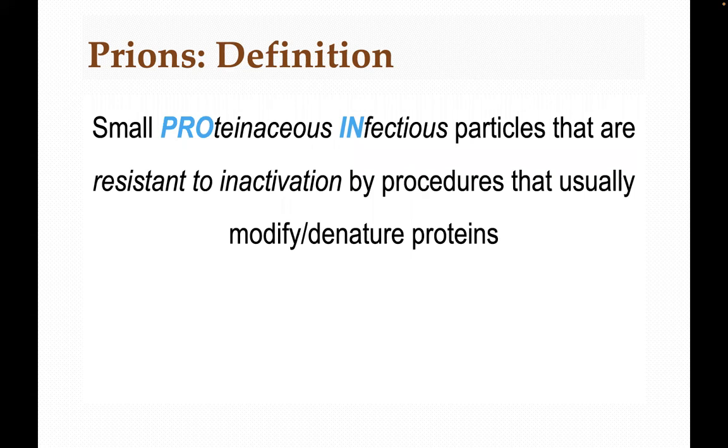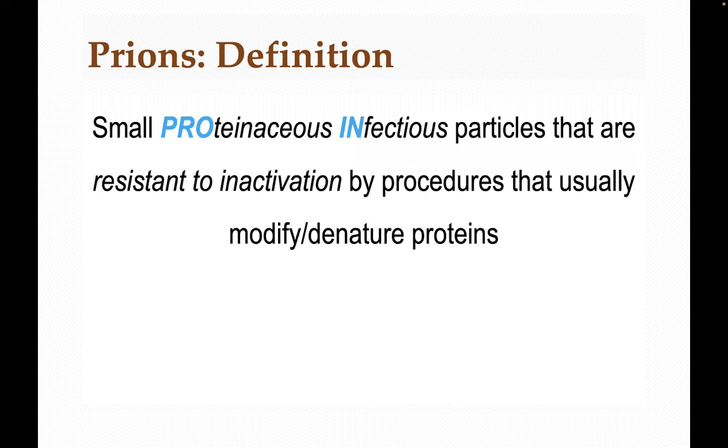And they cannot be inactivated by procedures that we usually use to inactivate viruses, such as ultraviolet radiation, heat or boiling, or agents such as formaldehyde. These agents, which usually denature proteins or kill viruses, cannot inactivate these prions.